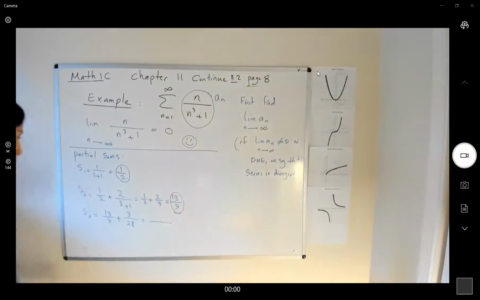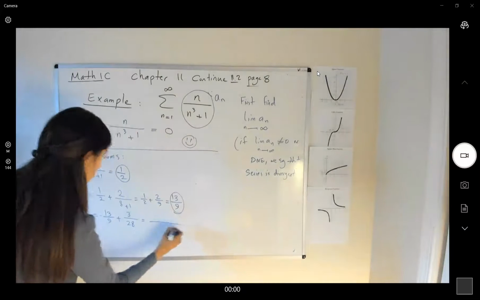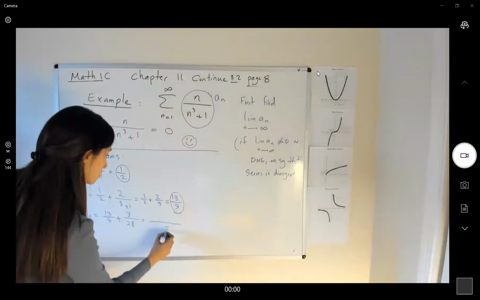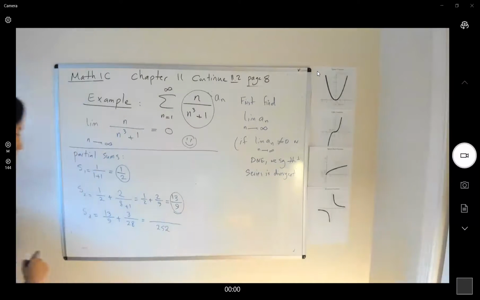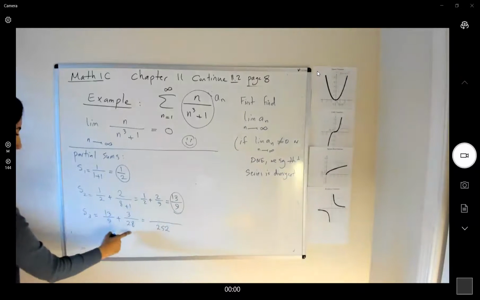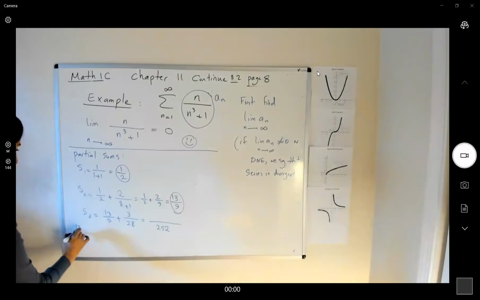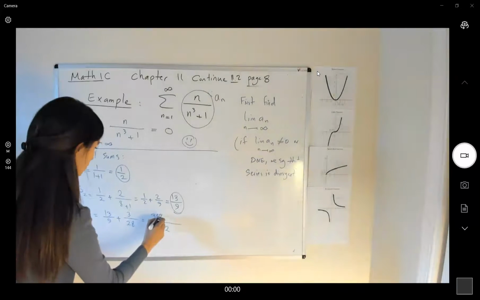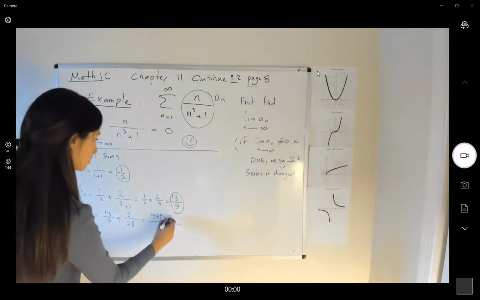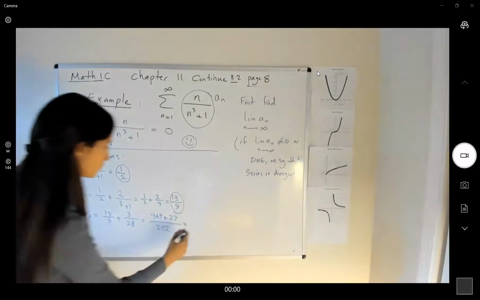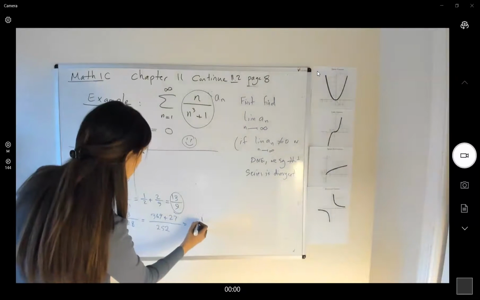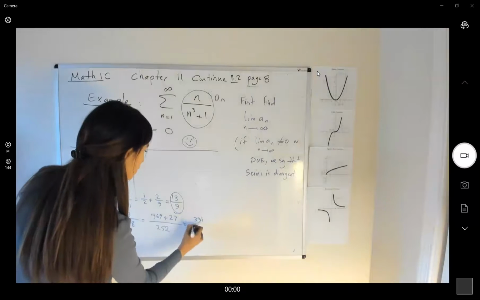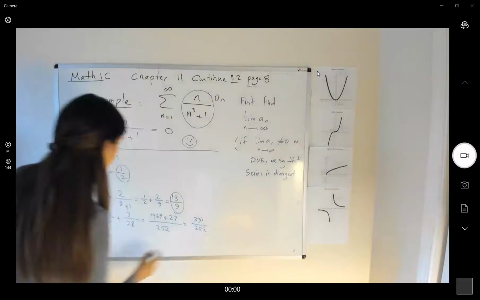Okay, let's see. The denominator is 252, and if you multiply 13 by 28, you get 364, plus 27. Okay, here you have 395 over 252.